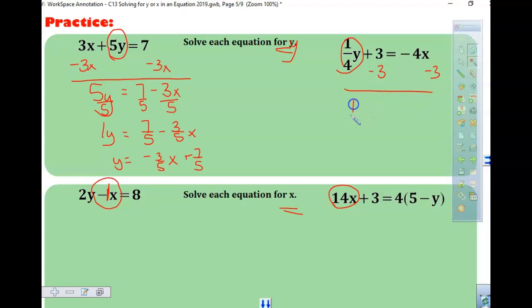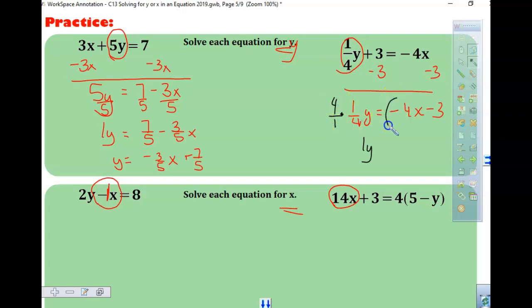Once I do that, I have 1/4 times y equals negative 4x minus 3. The most common mistake that I'll have students do is I'll see them divide by 1/4. Keeping in mind that dividing by 1/4 somewhat works, but it's better to think of multiplying, and what can I multiply 1/4 times to get 1? Because my goal is to get 1y, I can multiply by its reciprocal, which is 4/1.